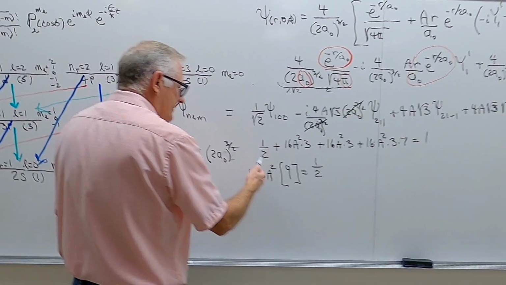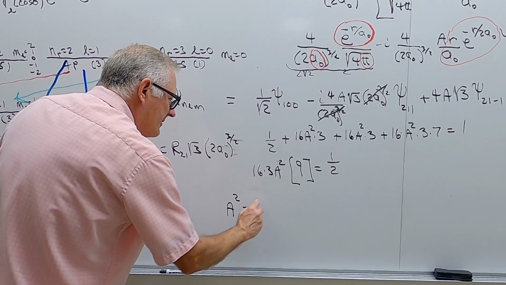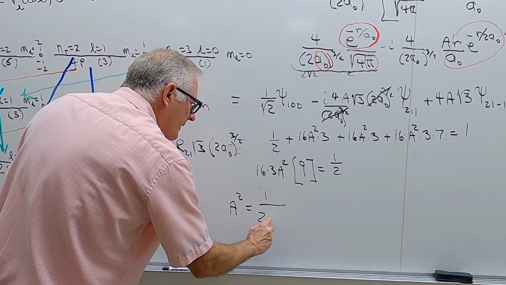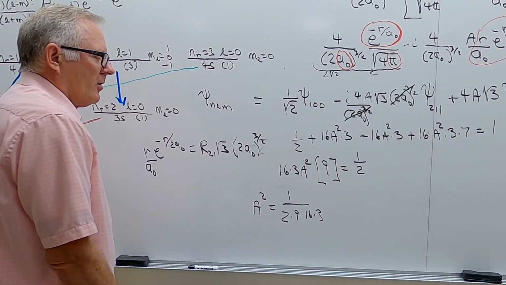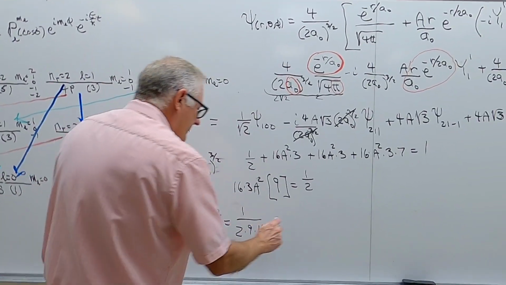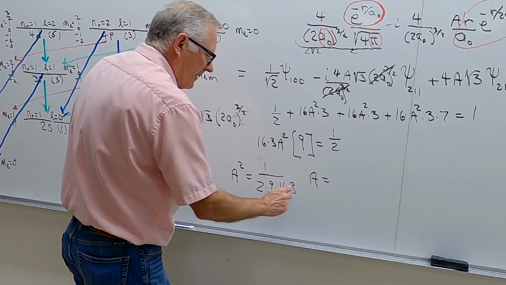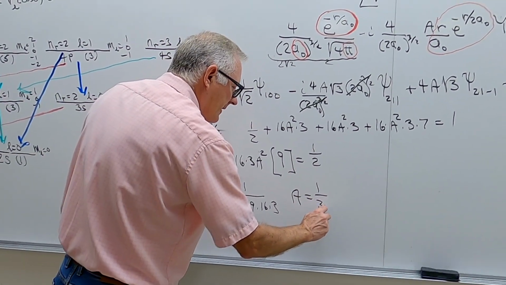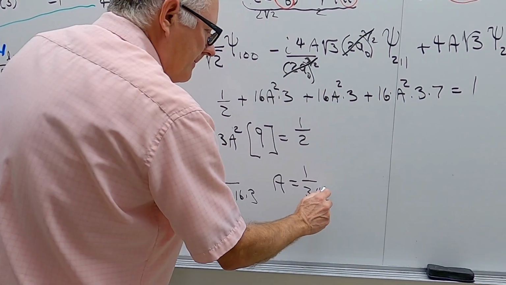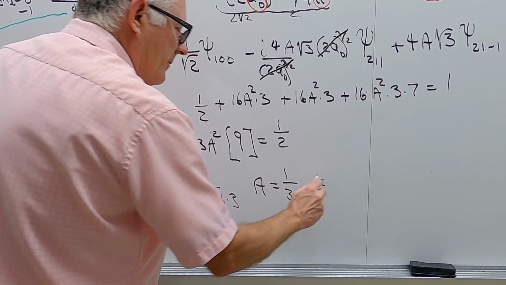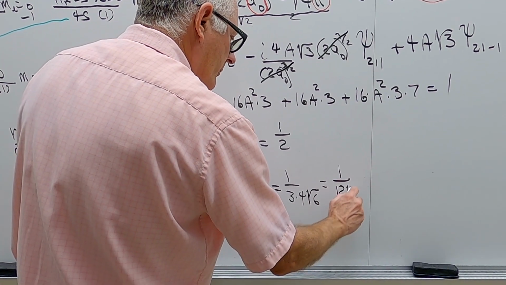Okay, and then we'll just solve for a here, divide that stuff out. So a squared is equal to 1 over 2 times 9 times 16 times 3. Okay, if I take the square root of that, a would equal, that would be a third, and that would be a fourth. So we got a 1 over 3 times 4, and then that would be the square root of 6. And so that would be 1 over 12 square root of 6.